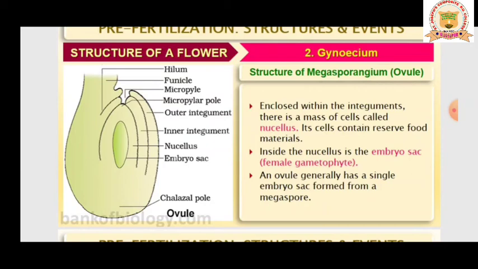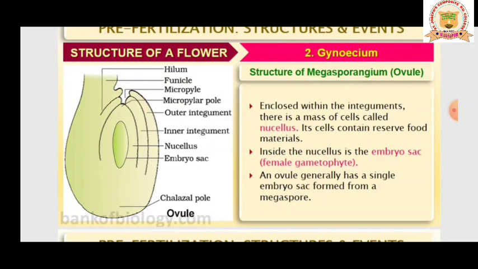Enclosed within the integuments there is a mass of cells called the nucellus. Please do remember these cells, as you will come across them while solving competitive questions. Inside the outer and inner integuments, the nucellus cells contain reserve food material, which will be used for the nourishment of the embryo.